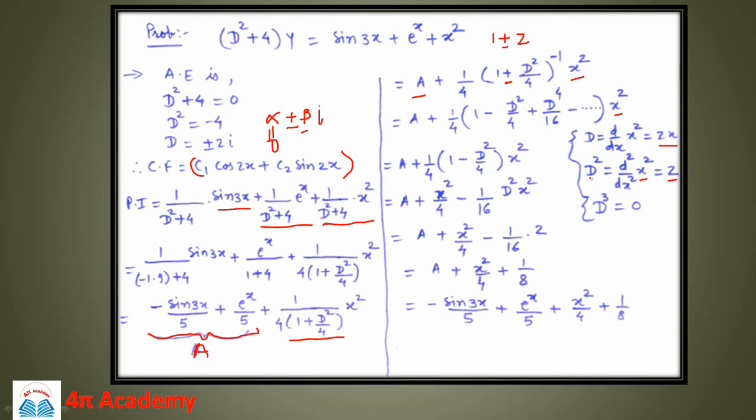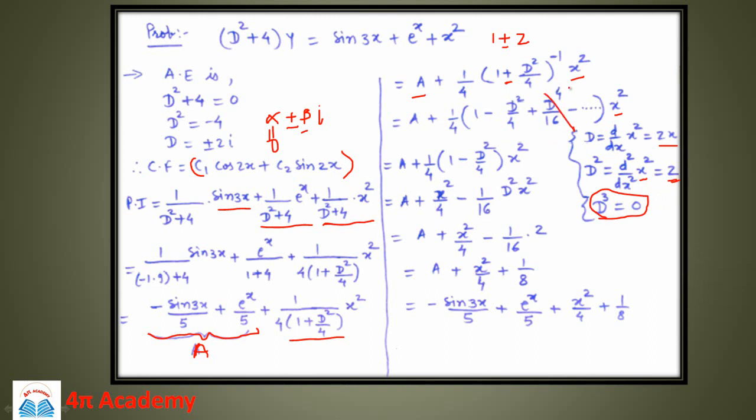And if I operate this a third time, that means if the operator is D cube, then the derivative of this 2 is 0, and therefore D cube will be 0. And hence in this term, D raised to power 4, since D cube is 0, will obviously be 0.